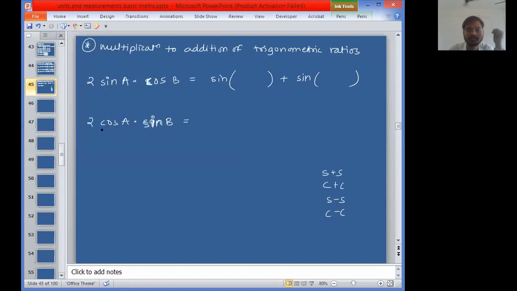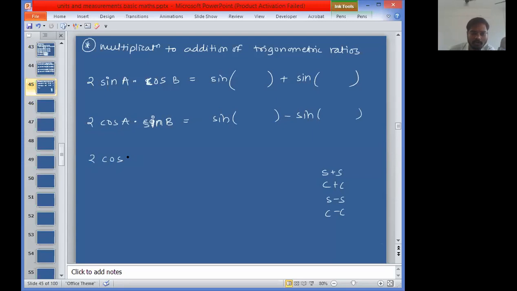Tell me the answer. Sir, it is sine minus sine. Sine minus sine is 2 cos sine. So 2 cos sine will be sine minus sine.